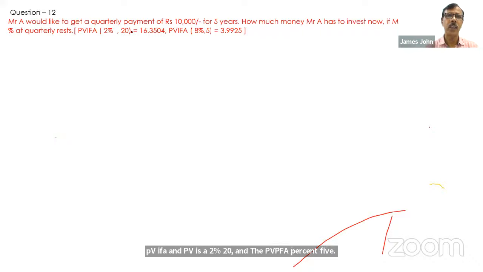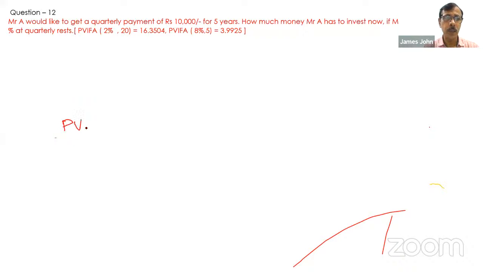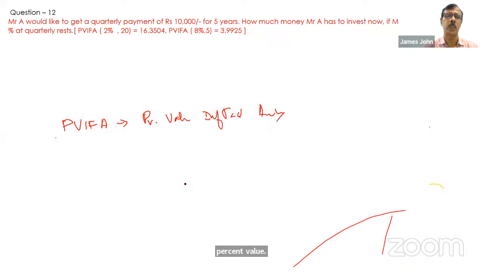What is this PVIFA? PVIFA stands for present value interest factor for an annuity.